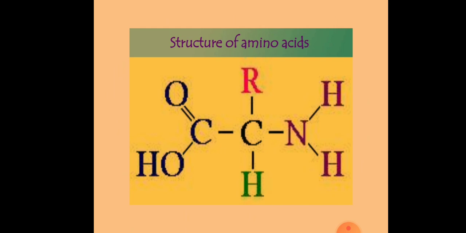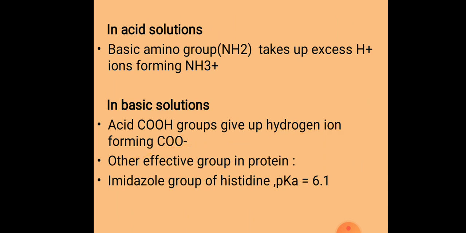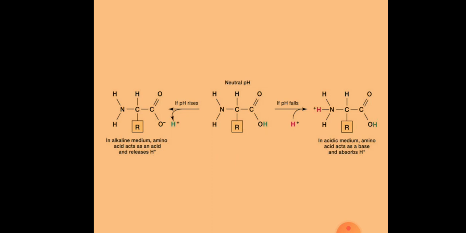If you see the structure of amino acids, it has a COOH group and an NH3 group. These groups are ionizable groups. If you see this diagram, in alkaline medium, the amino acid acts as an acid.